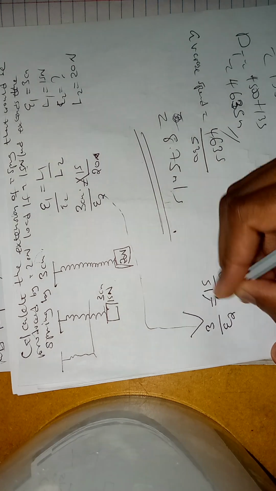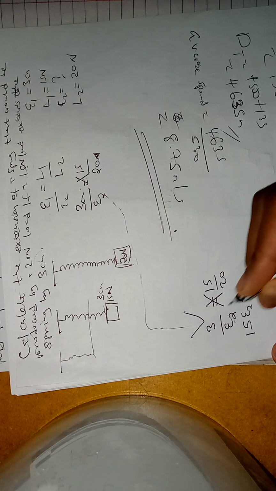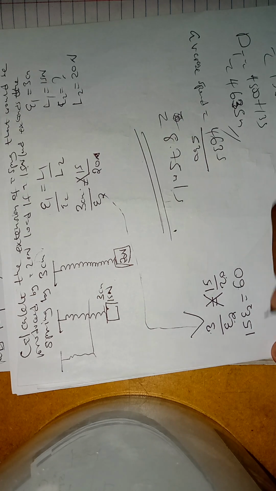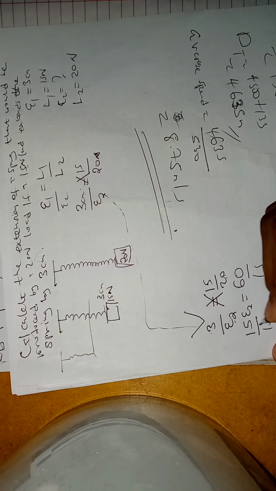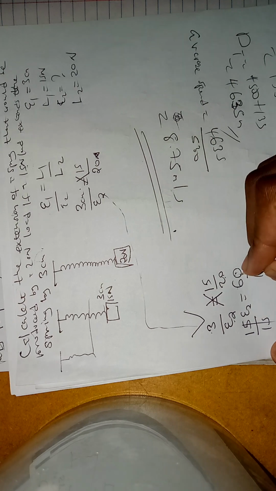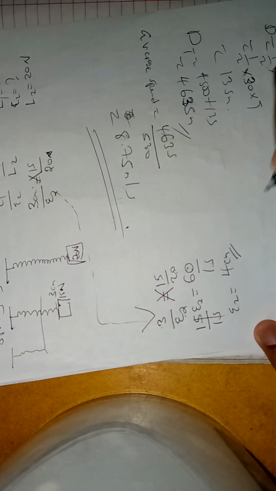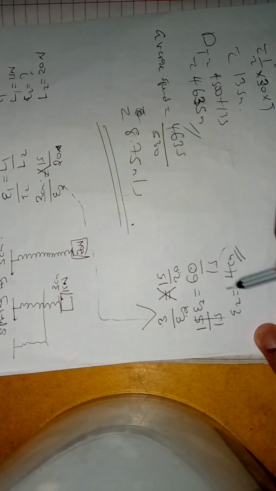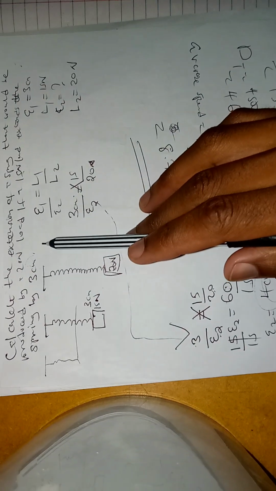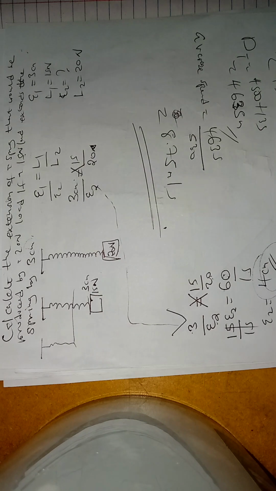So to have extension, we cross multiply. So that times that, we're going to have 15 extension 2. 3 times that, we're going to have 3 times 20. That's going to be 60. So divided by 15, divided by 15. So the extension 2 is 15 into 60. That is going to be 4 centimeter. So what we're trying to say is that an extension of 4 centimeter would be produced by a 20 Newton load. So as easy and simple as this.